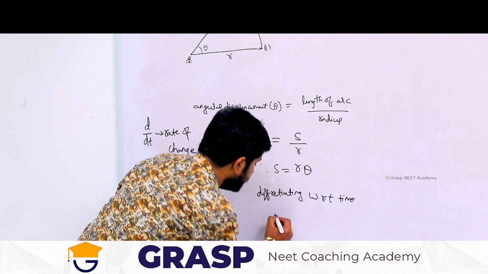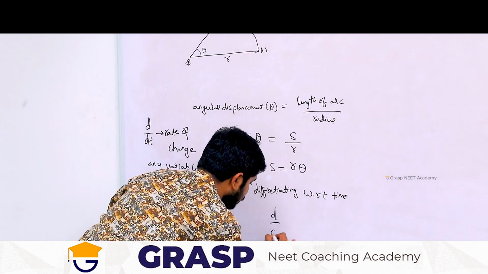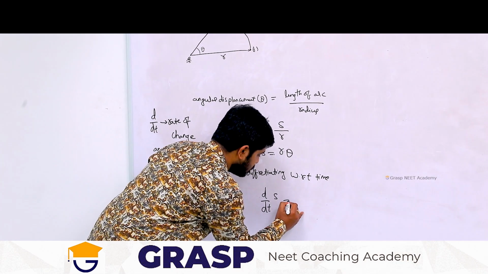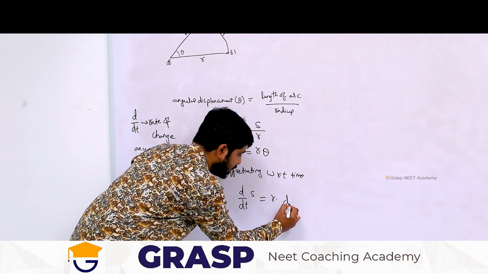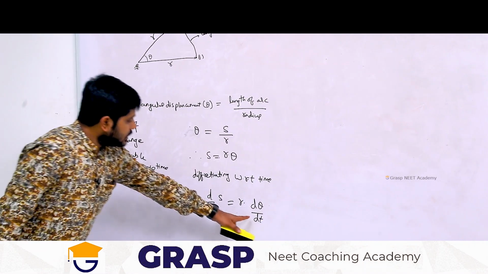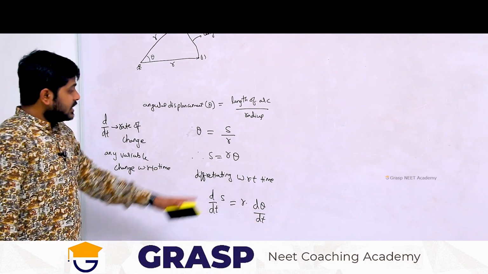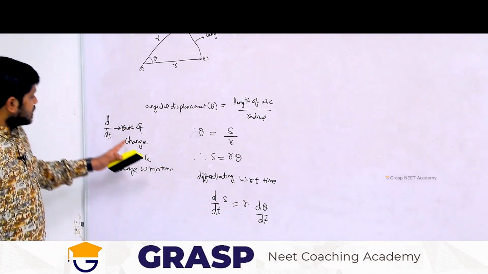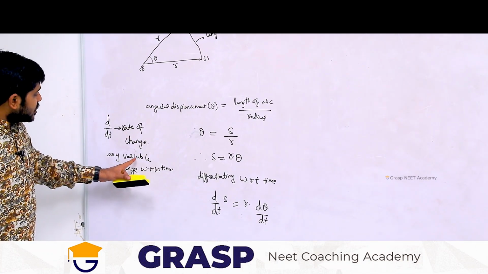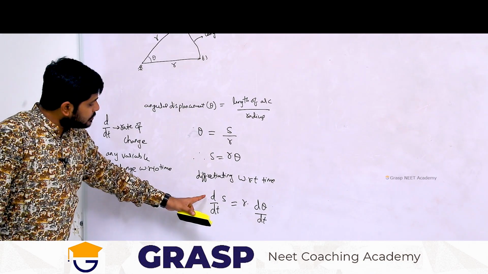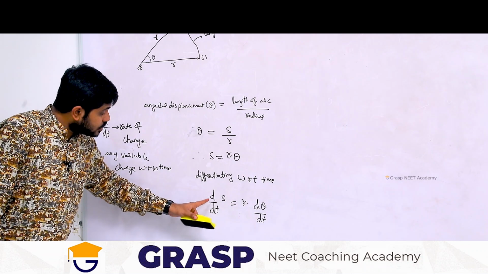So the rate of change of displacement is equal to r into d by dt of theta. Here r is constant, so we place it outside. Whatever is changing, any variable that changes, we differentiate with respect to time. Here s is changing with respect to time, so we differentiated with respect to time.